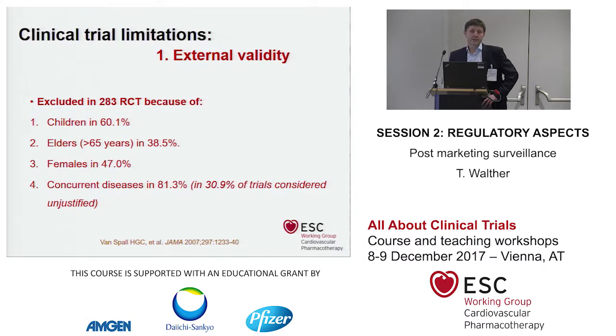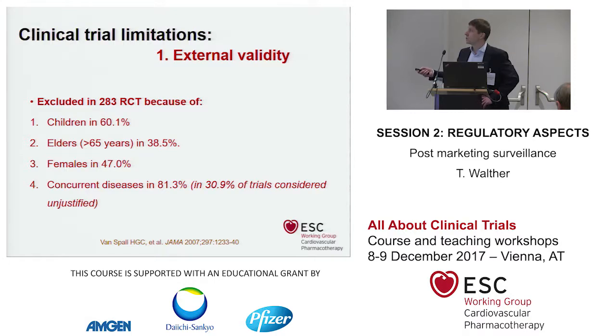You have to understand that such clinical trials up to phase 3 have a variety of significant limitations. And the first limitation is the patient collective you are including in your clinical trial. This is just a summary of almost 300 randomized clinical trials to see which part of the population is included and which part is excluded.